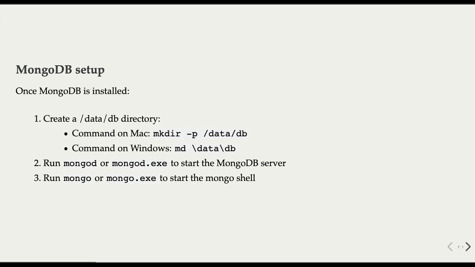Once you have that directory created, you can then run mongod, which is a server or daemon that listens on a particular port to take care of the commands that you use to interact with the MongoDB system. And then you can run mongo, which is the MongoDB client side on the command line, so that you can type in your commands for MongoDB to store or retrieve data.